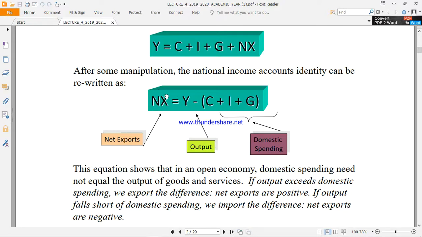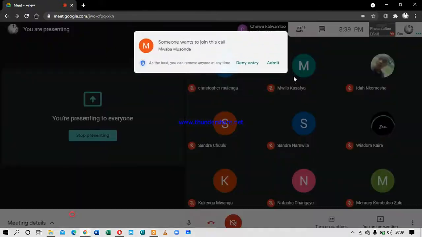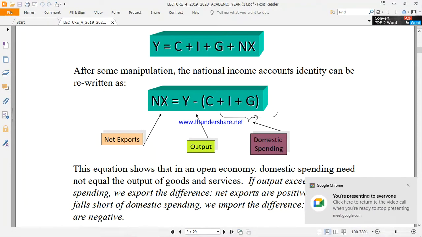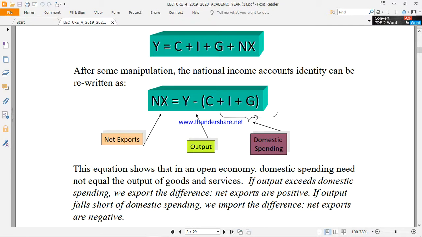Okay, so net exports is equal to total domestic output minus domestic demand. Now what do I mean by domestic demand? It is domestic demand because this demand originally comes from, for example, if we're talking about Zambia, Zambians.